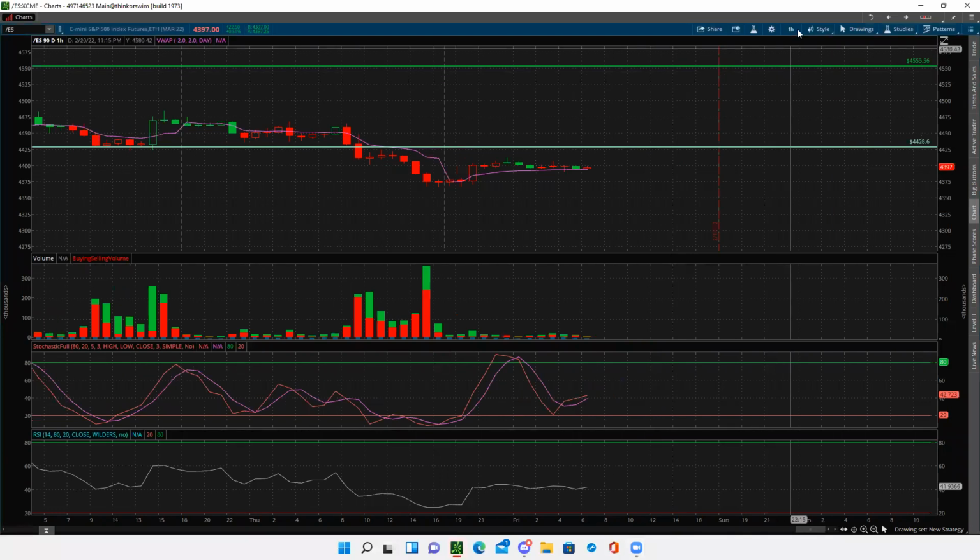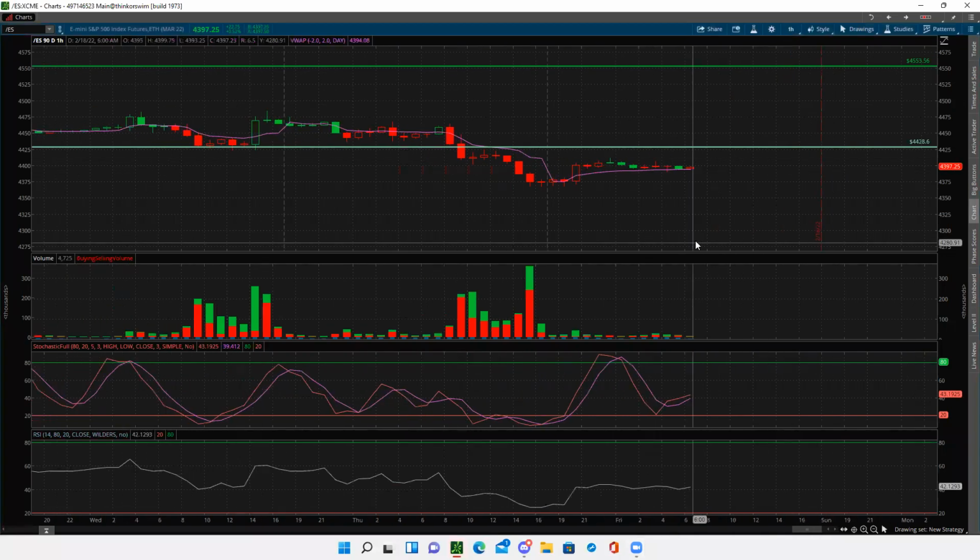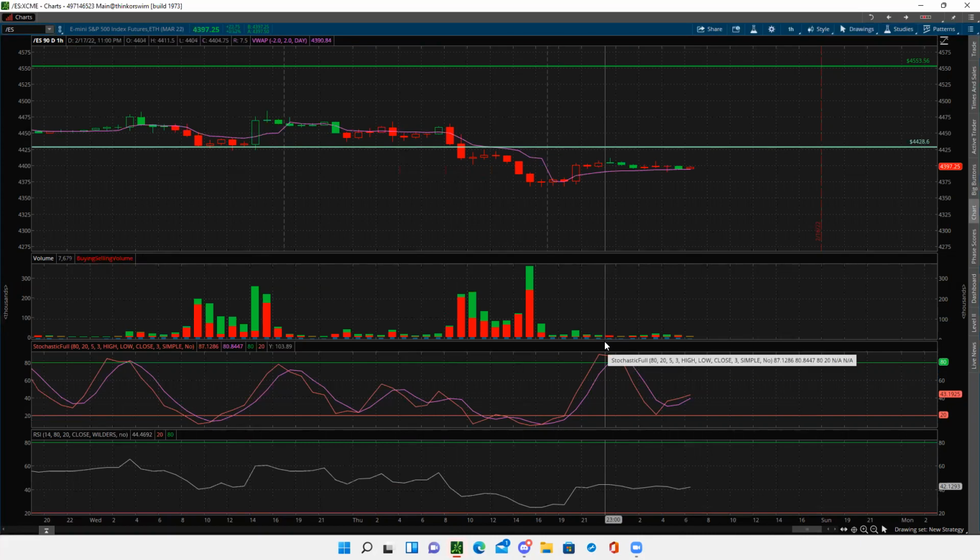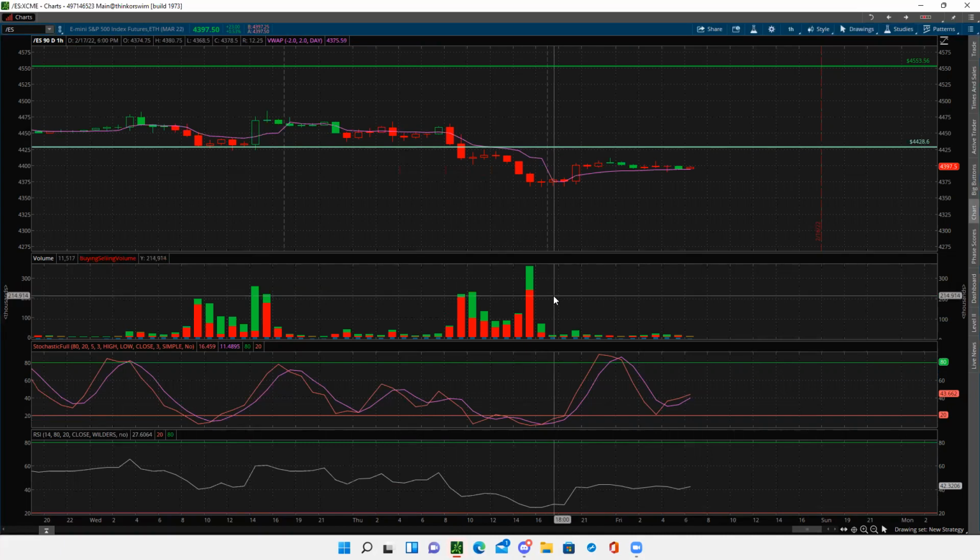So on the smaller time frame, this is 1 hour. I use the stochastics to show me bullish divergences. Stochastics show me whether it's going to go down, and it tips me off, and then I can assess where I think it's going to go.